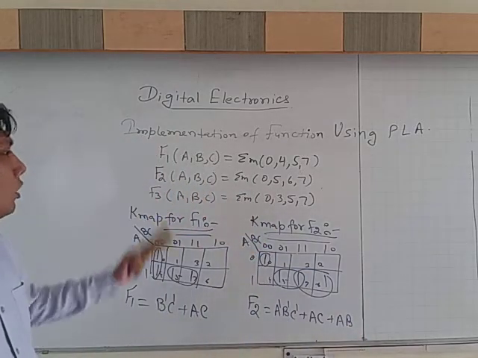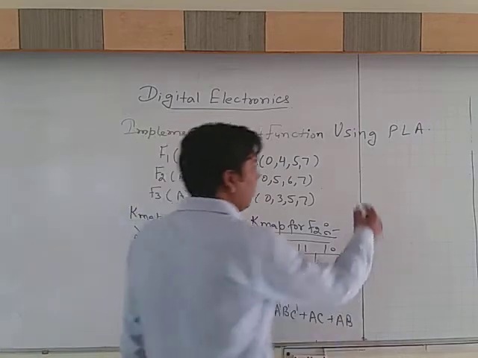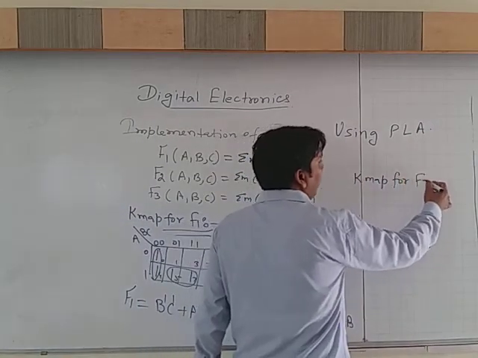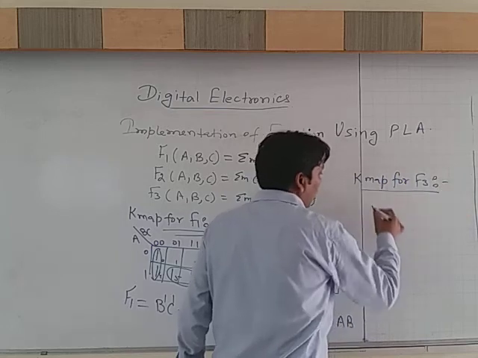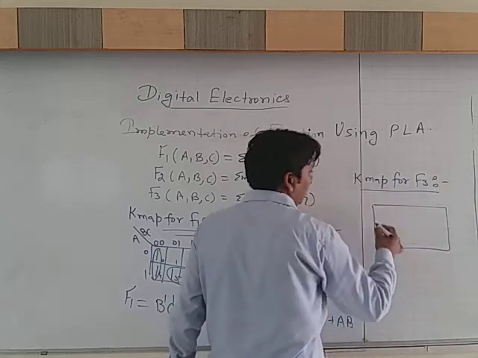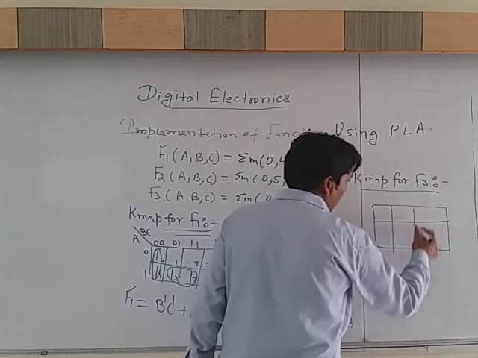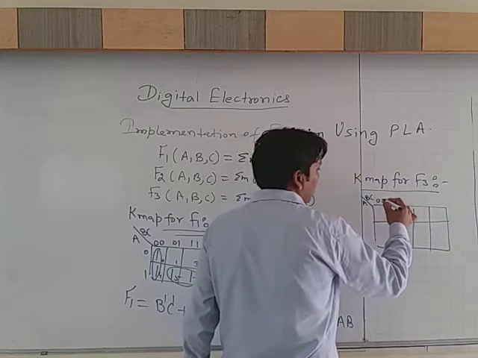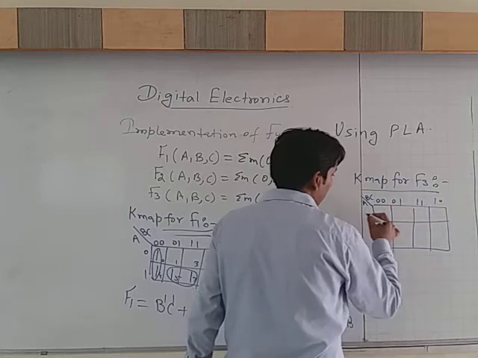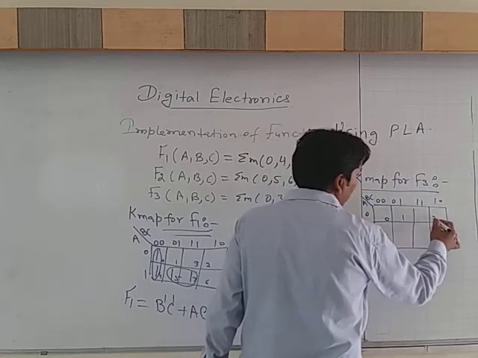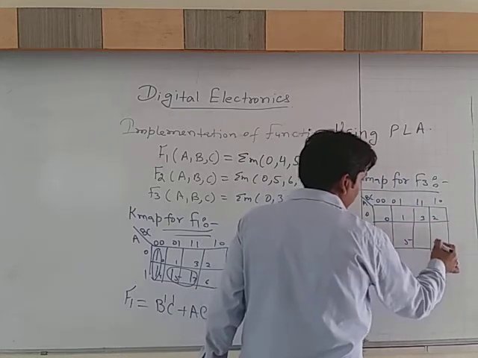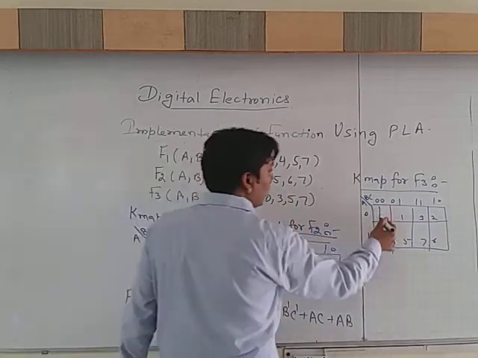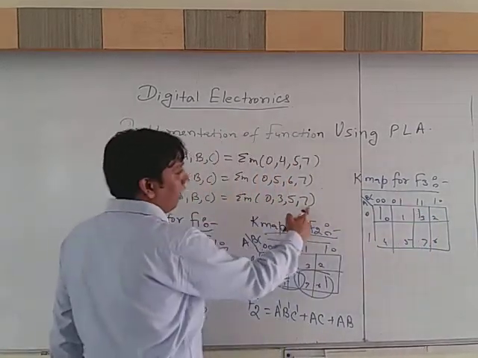Now we will draw the K-map for f3. So the K-map for f3 will be drawn like this. In f3 we have 0, 3, 5, 7.